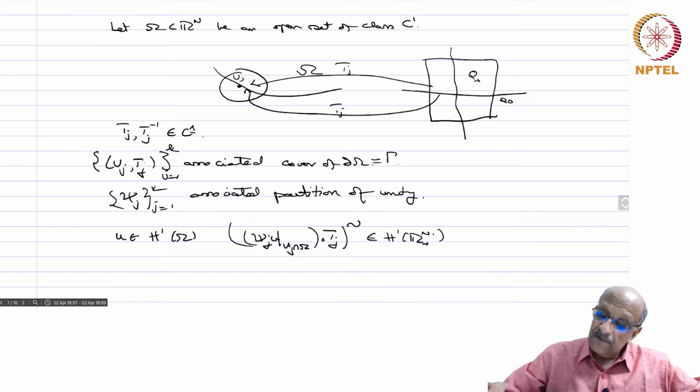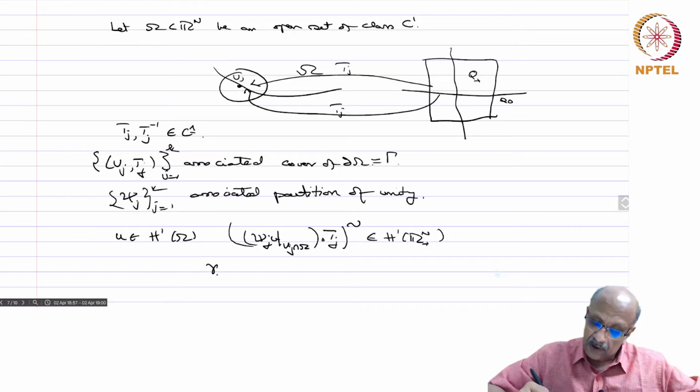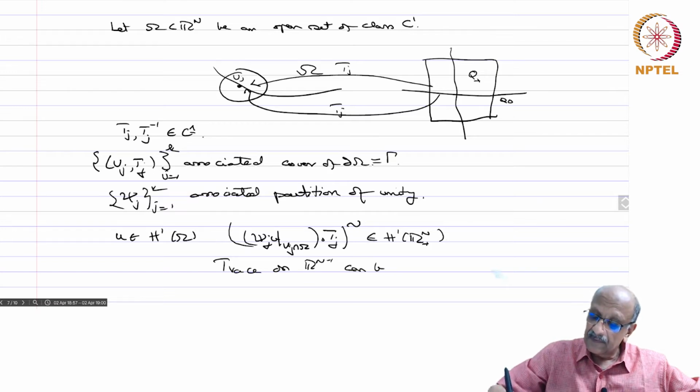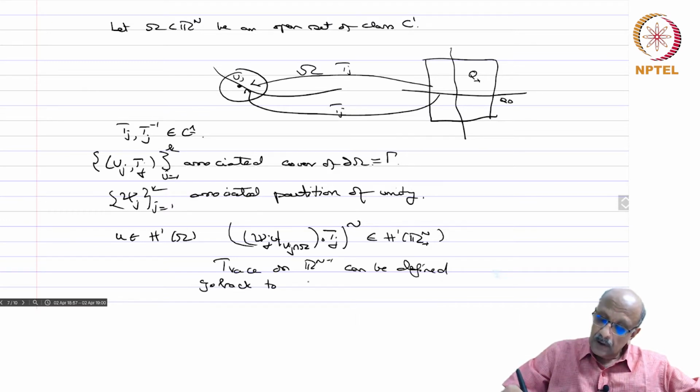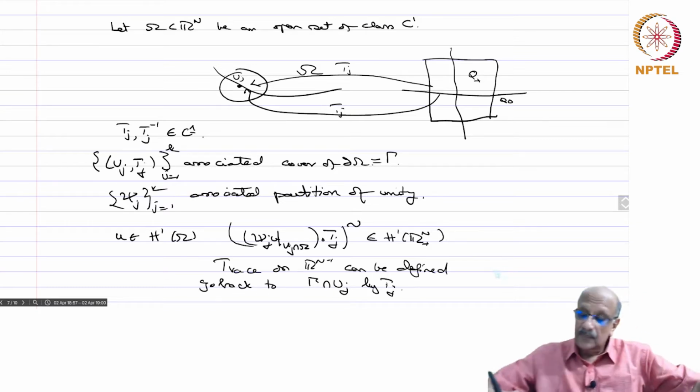And so we can define its trace, so gamma naught can be defined, the trace on Rn minus 1 can be defined, and go back to gamma intersection Uj by Tj inverse.